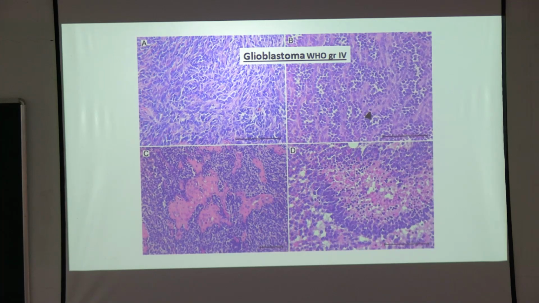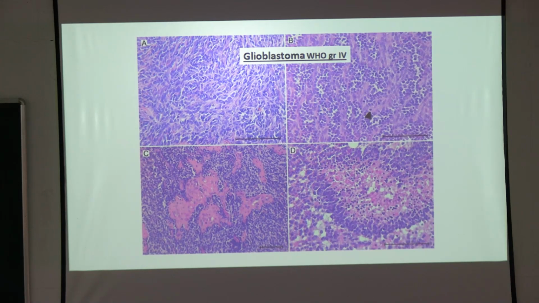So, these are the features of grade 4 astrocytoma: highly cellular, pleomorphism, more mitosis, blood vessel proliferation and necrosis, with the cells around the necrosis called pseudopalisading. So, these are the grade 4 glioblastoma multiforme.